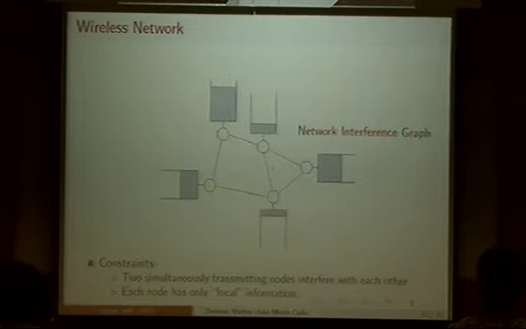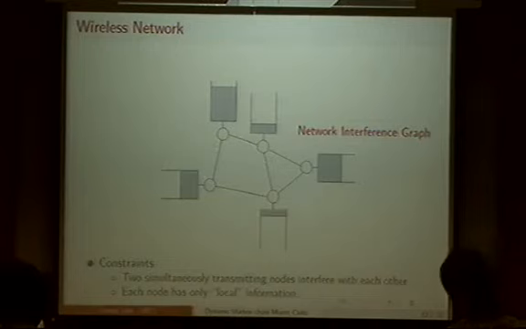This interference implicitly defines a network interference graph, in the sense that if two queues share an edge, they cannot transmit simultaneously. These two queues cannot transmit simultaneously, but these two queues can.